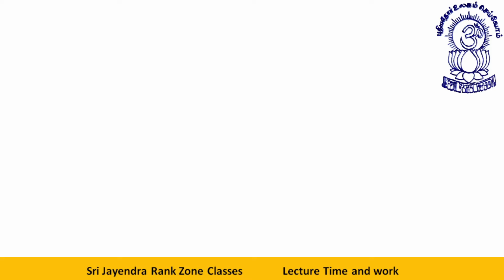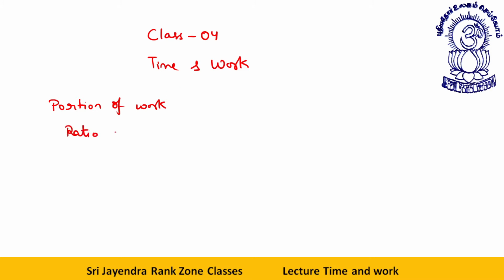So, dear students, let's start with class 4 for the topic time and work. In this class, we will be doing big questions based on the portion of work done, and ratio of speed or efficiency.